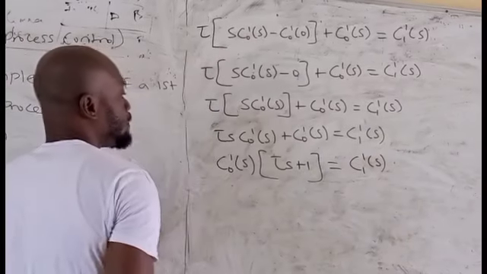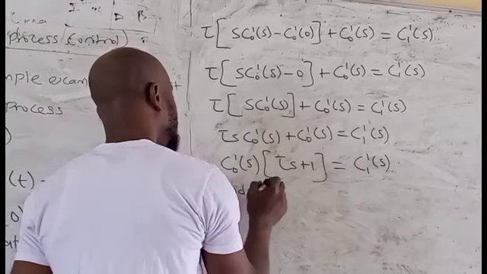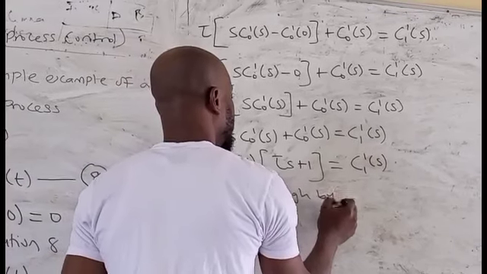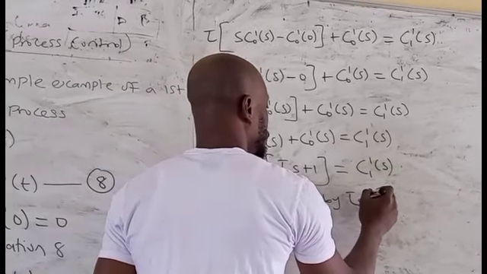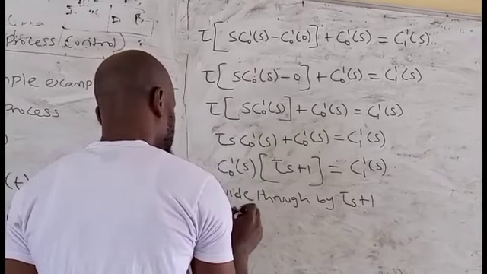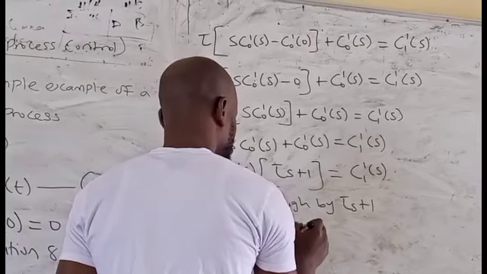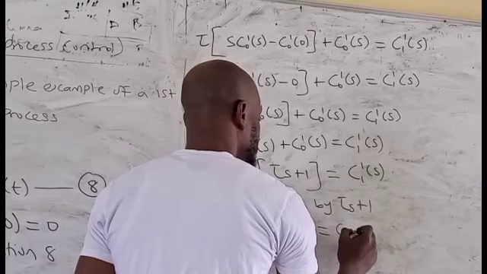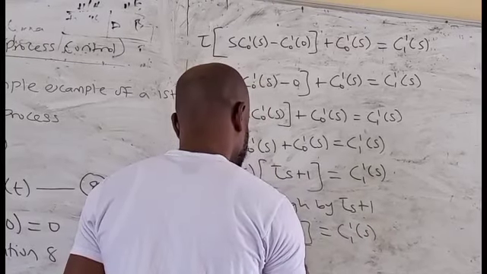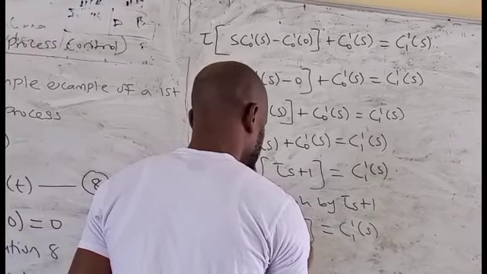Now what I'm going to do is divide by tau s plus 1. So we have C0'(s) times tau s plus 1 equal to C1'(s), so that this tau s plus 1 will cancel each other.